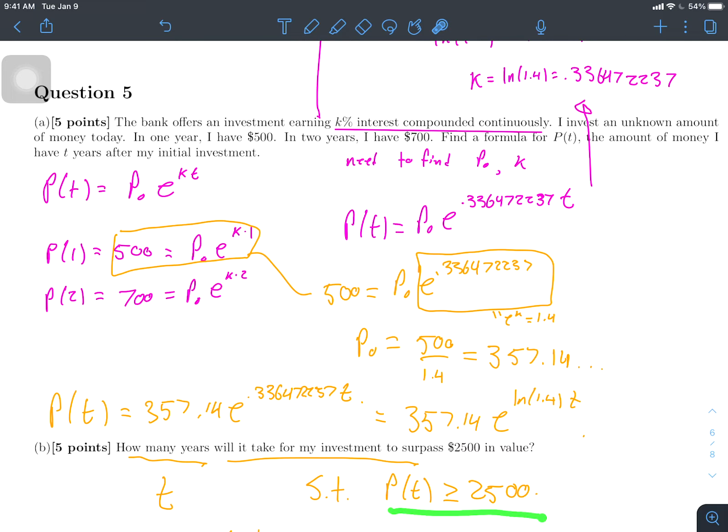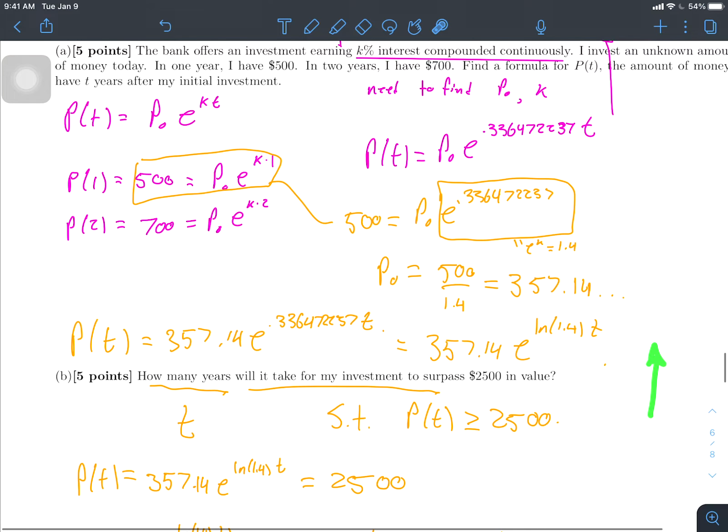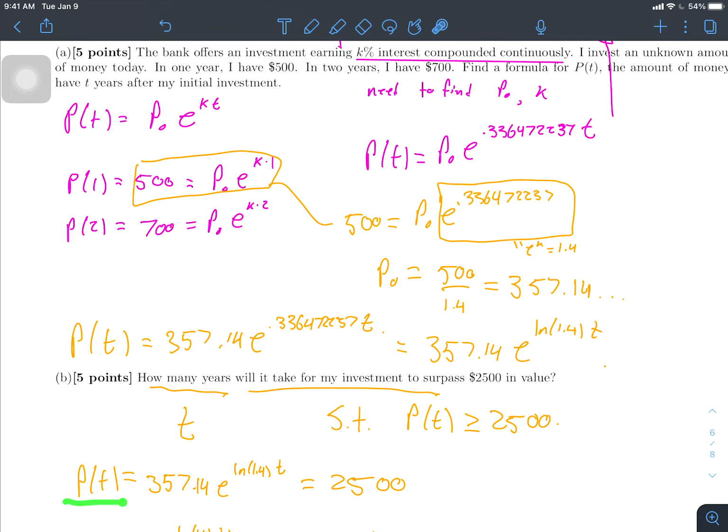Well, I know my investment's generally going up, so I know that this is going to be true for any t which is bigger than the t which solves the equation such that it's equal to 2,500, right? So in this case, I just take p of t equals 357.14 times e to the ln 1.4 times t, and I set it equal to 2,500, and I want to find out what is t.